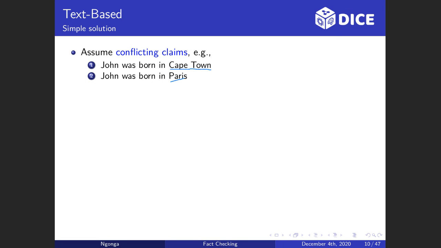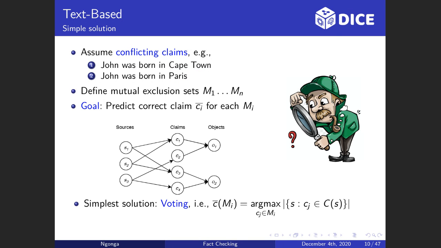So the basic solution that Pasternak and Roth came up with was to define what they call mutual exclusion sets, M1 to Mn. And basically, mutual exclusion sets are sets such that the elements in these sets exclude each other. So, for example, a mutual exclusion set could contain these two statements.